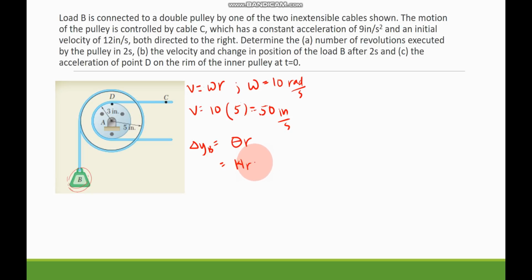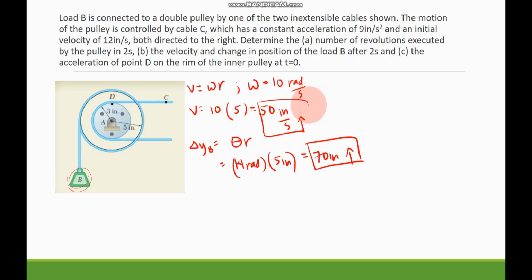So 14 rad multiplied by 5 inches, so it is equal to 14 times 5, which is 70 inches. So this is in upward motion, and the velocity is also in upward motion. So this is our answer for letter B.